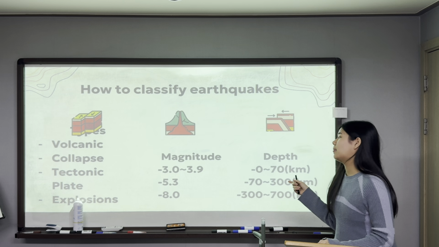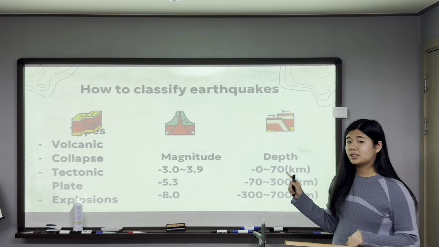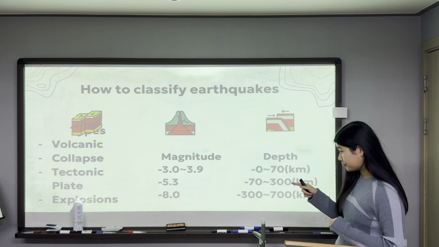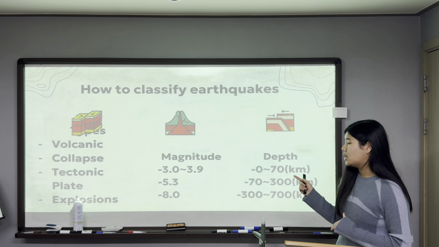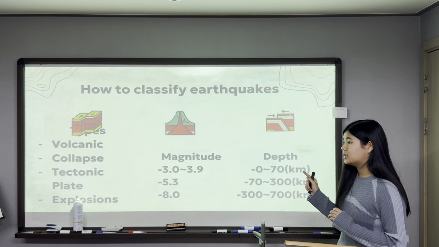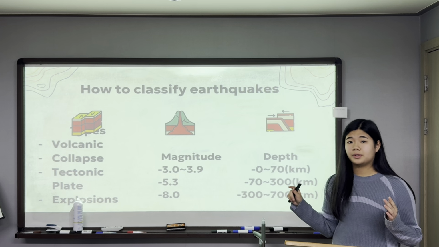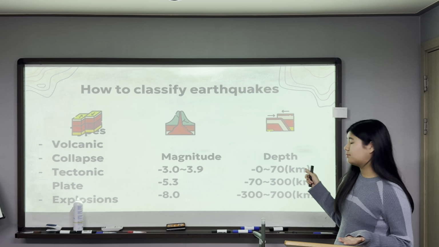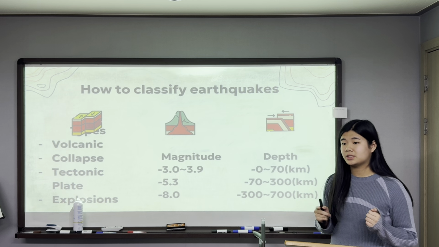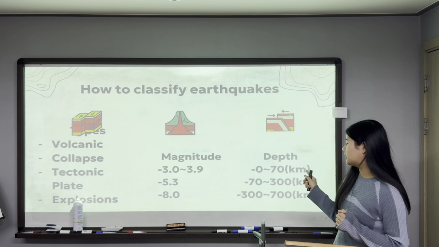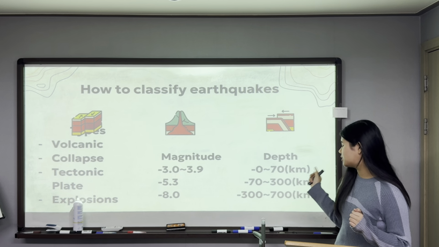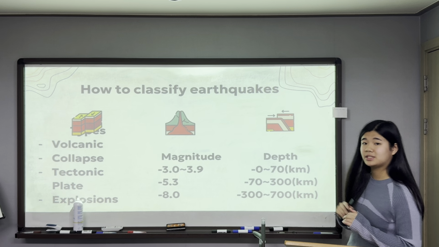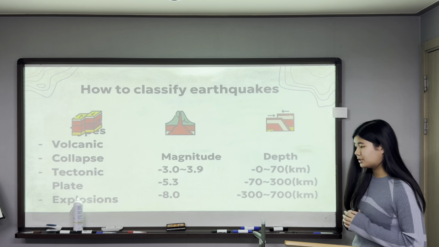For magnitude, 3.0 to 3.9 is minor, 5.3 is about intermediate, and more than 8.0 is great. For depth, 0 to 70 kilometers is shallow, 70 to 300 kilometers is intermediate, and 300 to 700 kilometers is very deep.